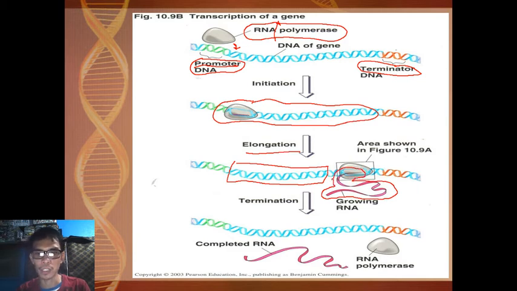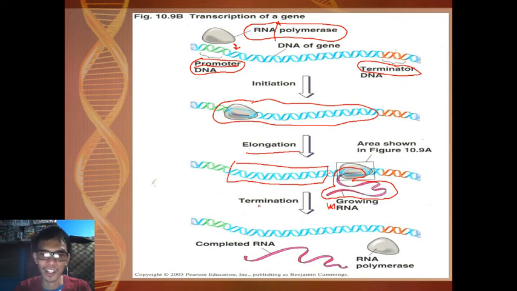This RNA is the mRNA. So what do you think? Does this RNA have the same sequence as the DNA gene that we have right here, or not? Leave your comments below.